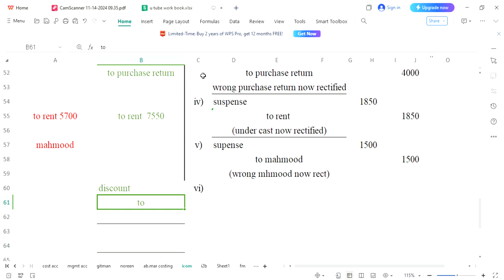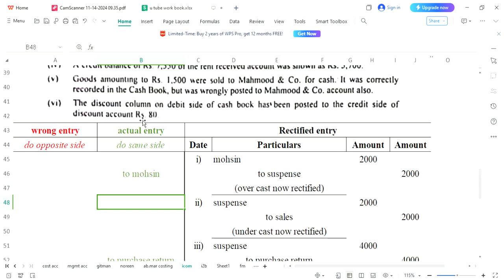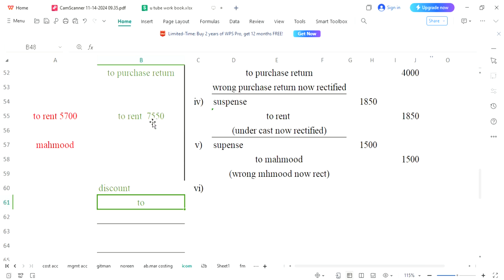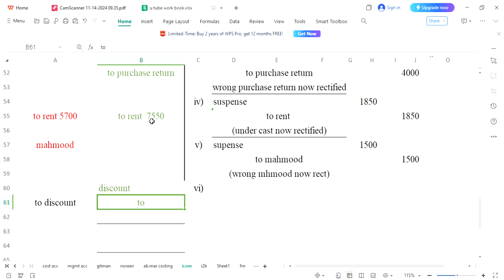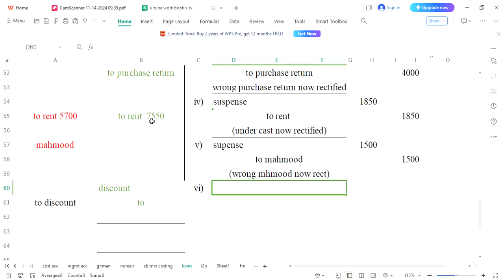So actually discount should be written on debit side because it has been mentioned in the question. Discount column on the debit side has been posted to the credit side of the discount. So instead of writing discount on debit side, by mistake they have written the name of discount on credit side. It was required to write discount on debit side.